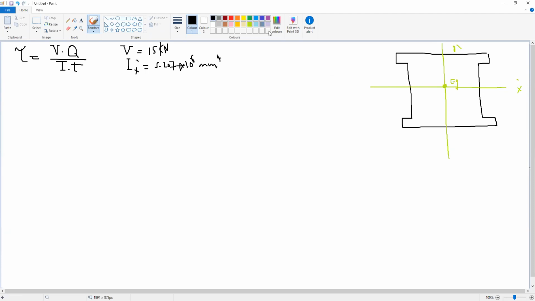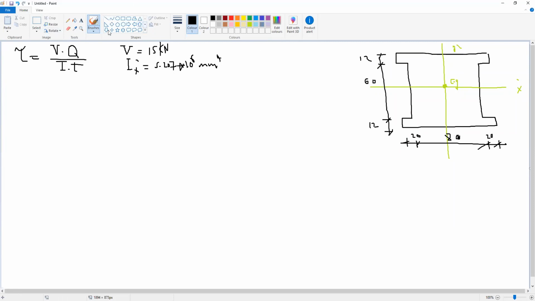The dimensions again are 12, 8, 60, and 12. And here 80, 20, 20. Okay.